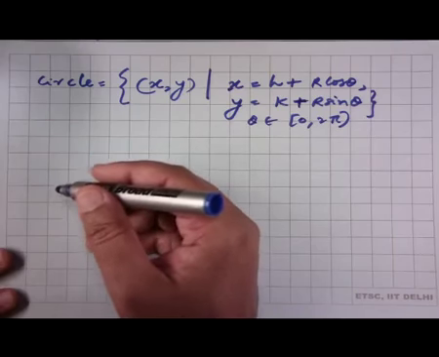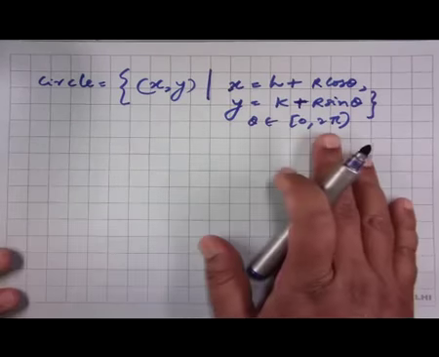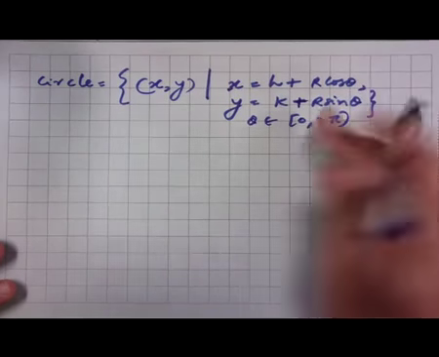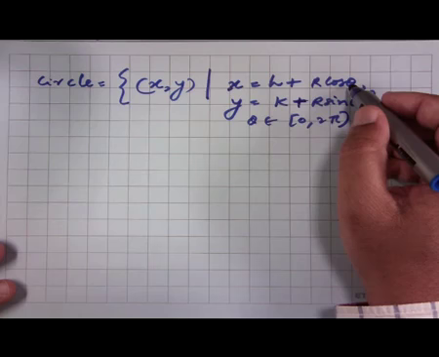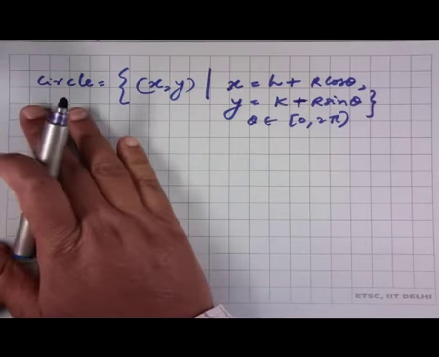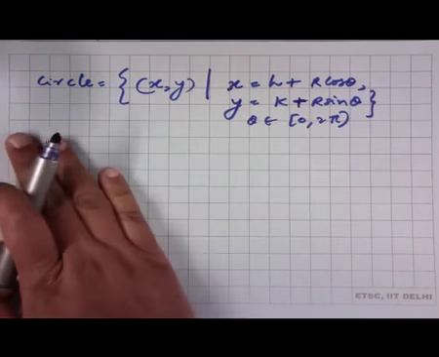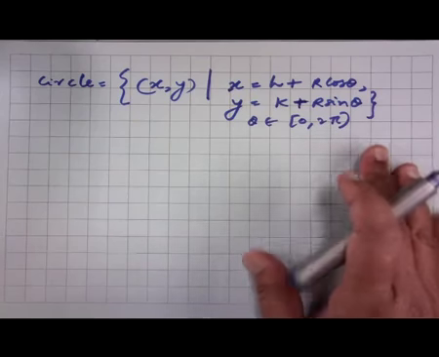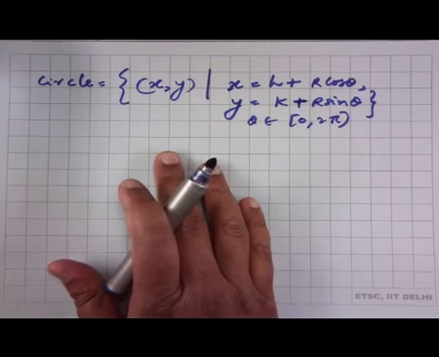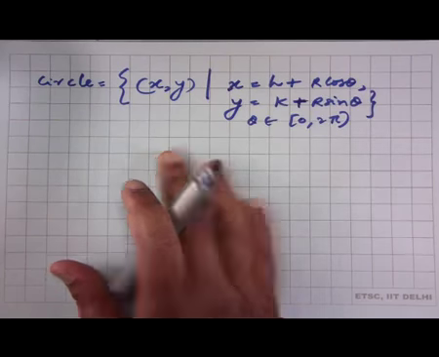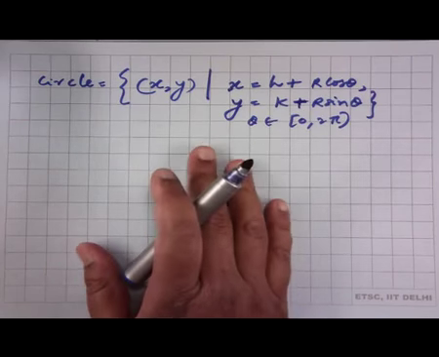So, when we express the circle in this form, it is in terms of a parameter theta, and therefore, this type of equation of a circle is known as the parametric equation of a circle.